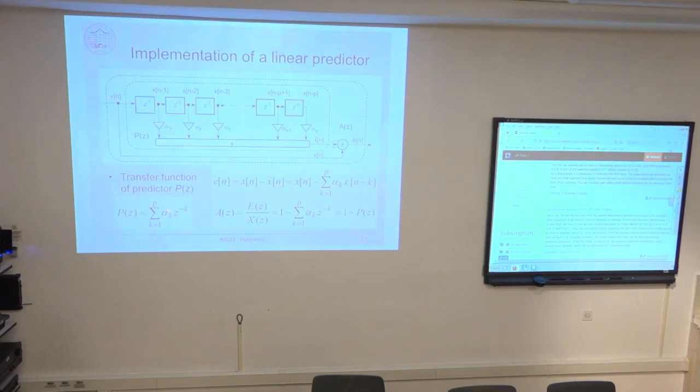Okay, the transfer function of the predictor can be also written in Z domain. So this Z domain is something that is equivalent as Laplace domain for continuous time systems. When we have continuous time systems, when we want to solve differential equations, instead of solving differential equations in time domain, what is a bit complicated, we usually go to this Laplace domain, as we call it, or frequency domain, because in this case, the operations are converted to some kind of polynomials.